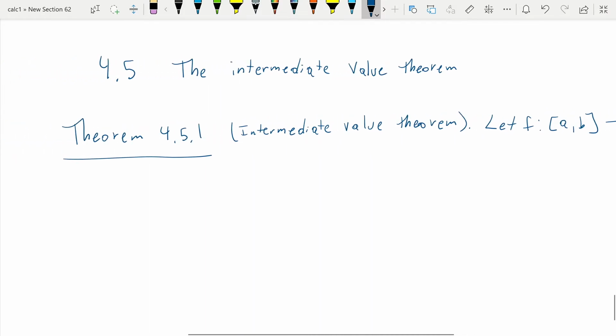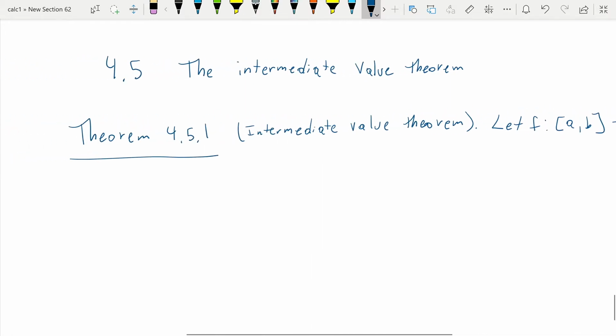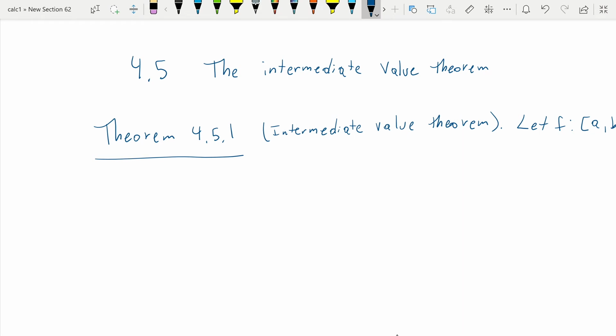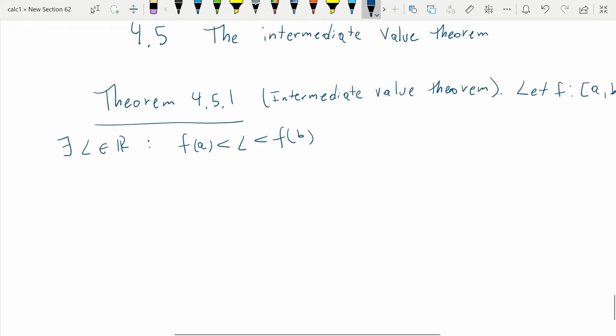that there's a value between the values f of a and f of b. So if there exists some L, real number, such that f of a is less than L, less than f of b, that implies immediately that f of b is greater than f of a, therefore they're not equal to each other.